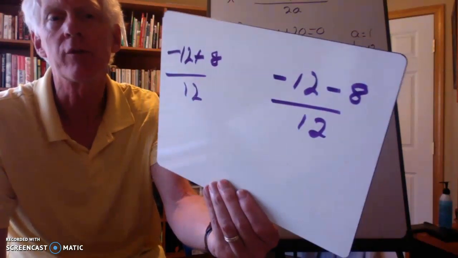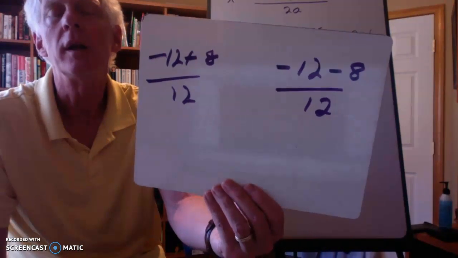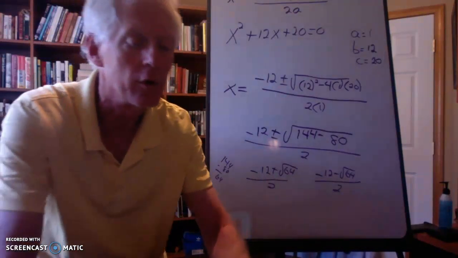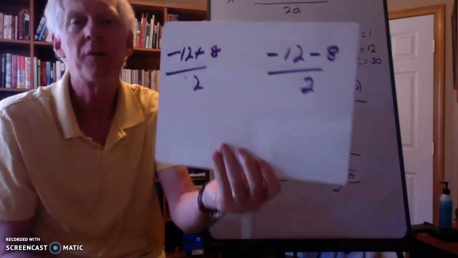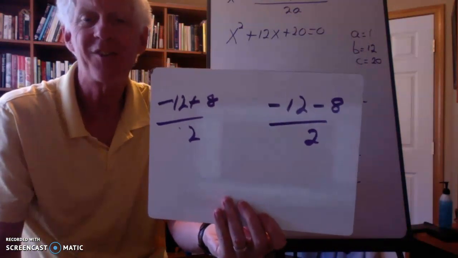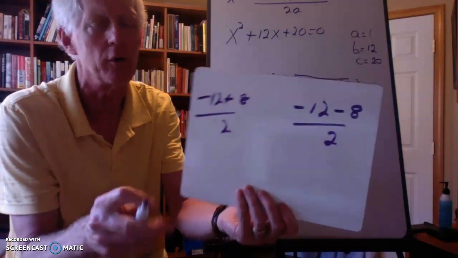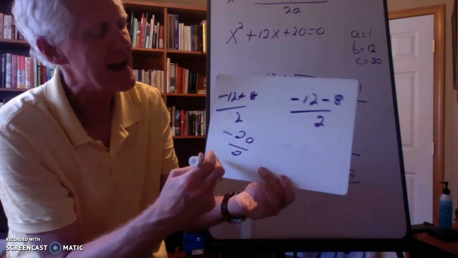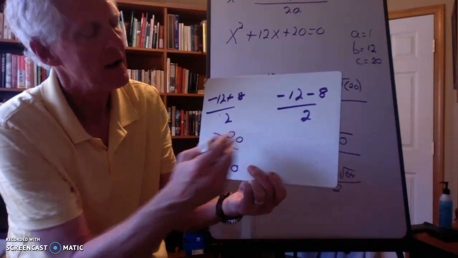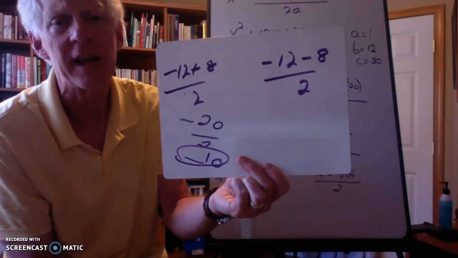They're both over 2. Now we simplify these. Negative 12 minus 8 is negative 20 over 2, which is negative 10.